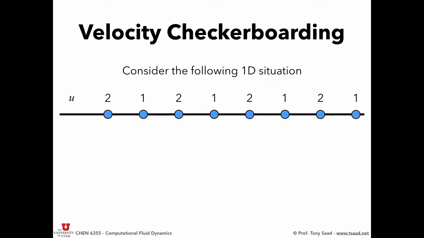Okay? Velocity checkerboarding. Consider the following 1D situation where the velocity is highly oscillatory. Okay? So now we're starting with a highly oscillatory velocity, or an initial condition. Say you're doing turbulence and you just kind of randomize and you hit this kind of initial condition.